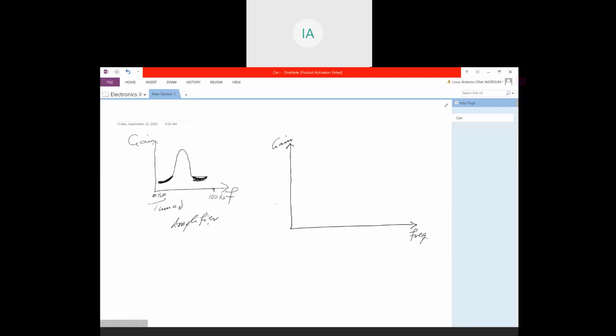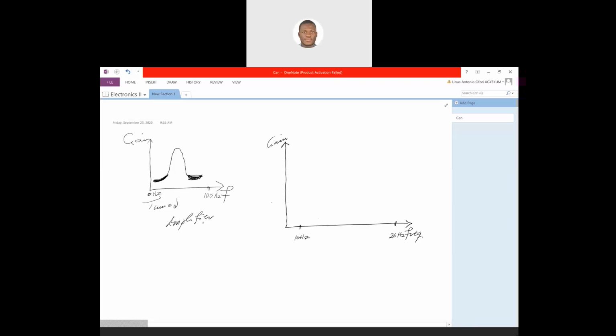Let's assume that here we have 10 hertz, and here we have 20 hertz. So in between this and this, we have a bandwidth of what? 10 hertz, right? Yes, because if you want to find the bandwidth, you subtract this one from this one, and that will give you your BW, which is the same as bandwidth.